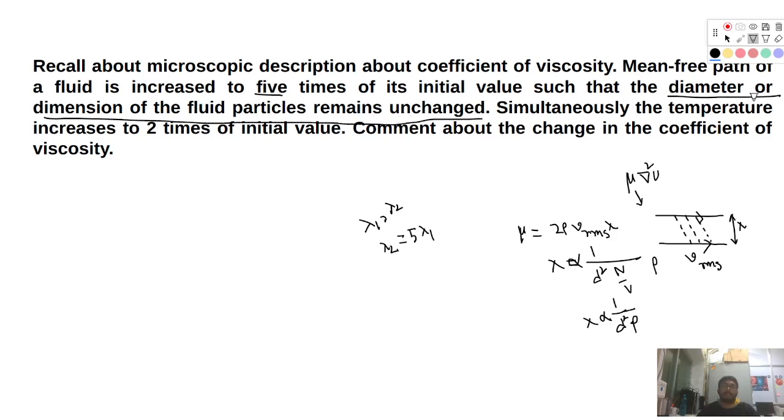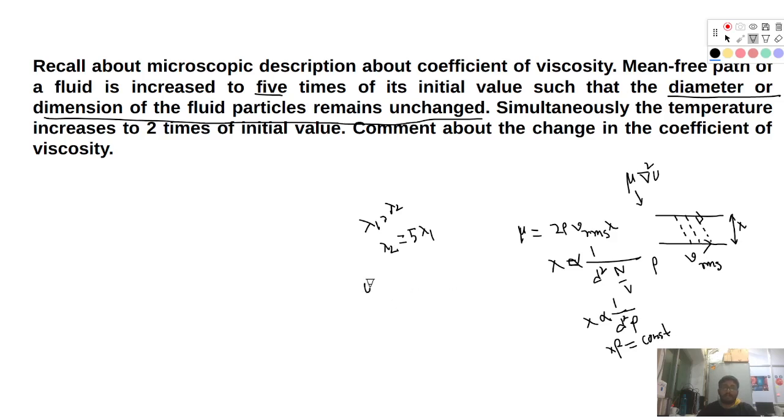If the diameter is unchanged, d is constant, so from this equation lambda rho is a constant. Even though lambda is changing, lambda rho has to be constant.